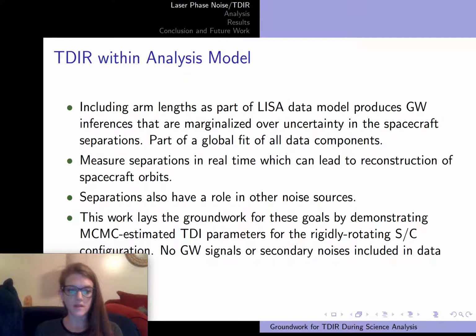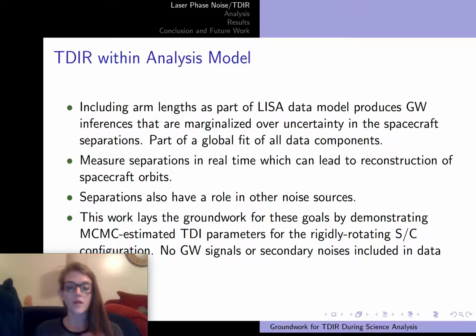We want to obtain a distribution of the estimated arm lengths, and then you can feed that into gravitational wave measurements. So this also allows you to measure the spacecraft separations in real time, which can allow you to independently reconstruct the spacecraft orbit. So there's another validation. And also the flight travel time, separation, and arm lengths are all interchangeable terms.